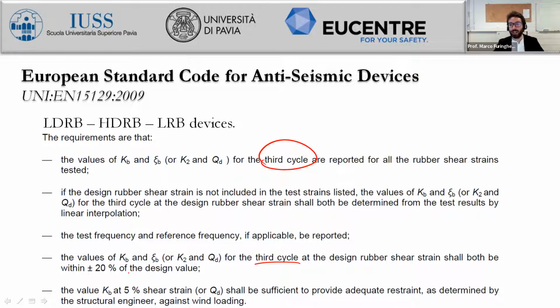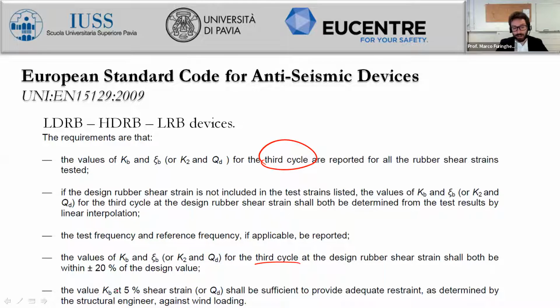So this is a quality check for the device. We have a target value which is defined according to the design, according to the numerical simulation that we have carried out before. Then we go to test devices, and the experimental values should fall within a range of plus and minus 20% of the target values.